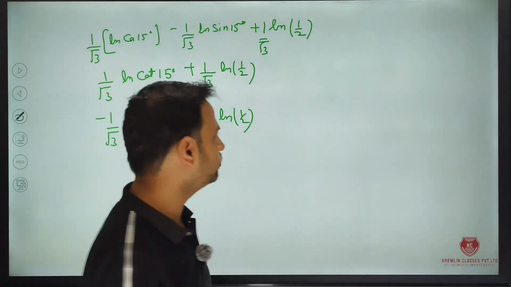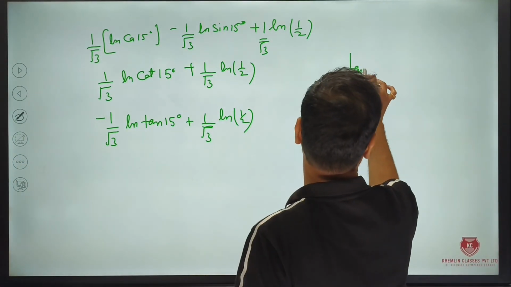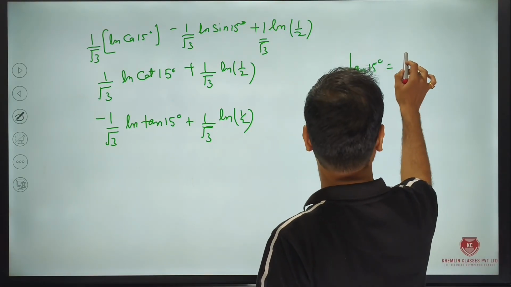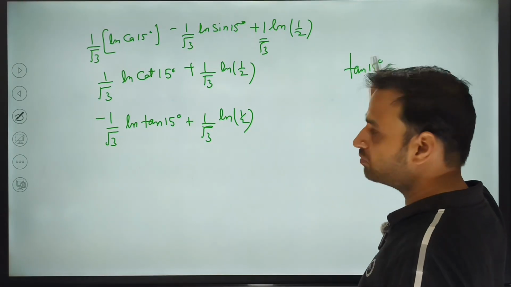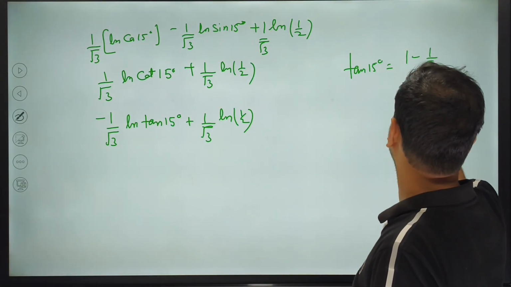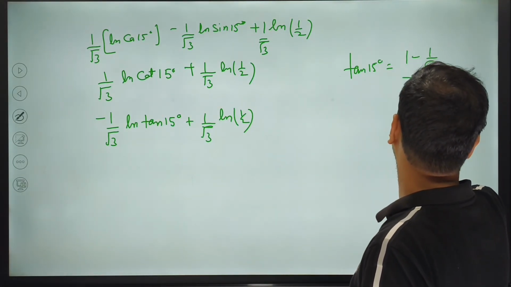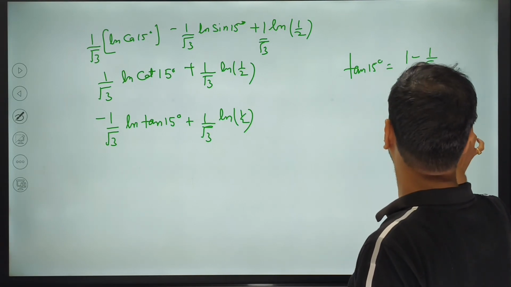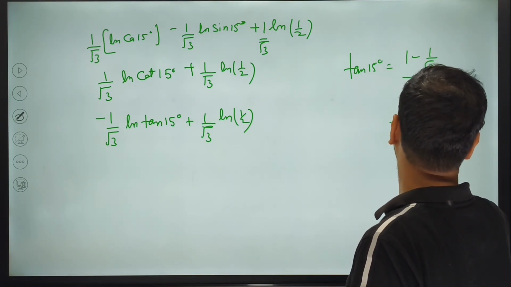What is the value of tan 15 degree? Tan 15 degree is given by tan of 45 minus 30: tan 45 minus tan 30 upon 1 plus tan 45 tan 30, which is 1 minus 1 by root 3 upon 1 plus 1 by root 3. So it is root 3 minus 1 upon root 3 plus 1.